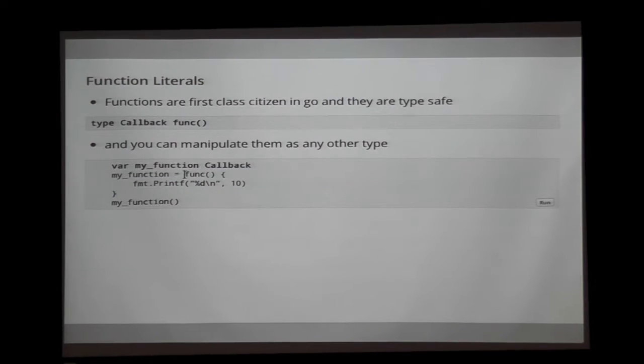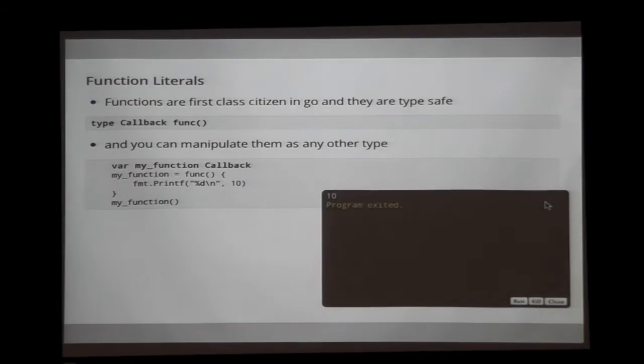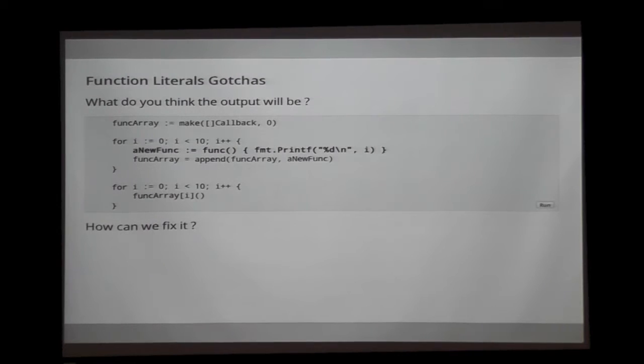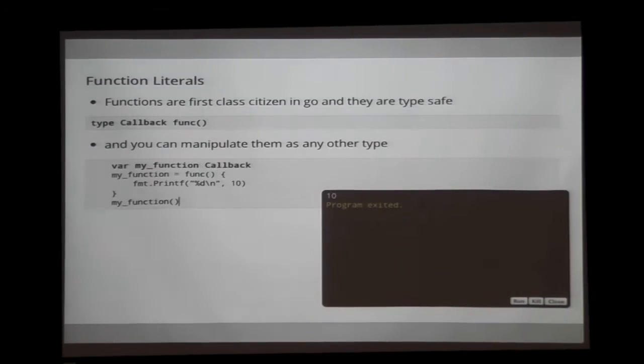Here we are creating a new function literal, just inline, and at this point we can call it like any normal function. You see, this is what we expected, right? This is the lambda expression for Go, exactly.